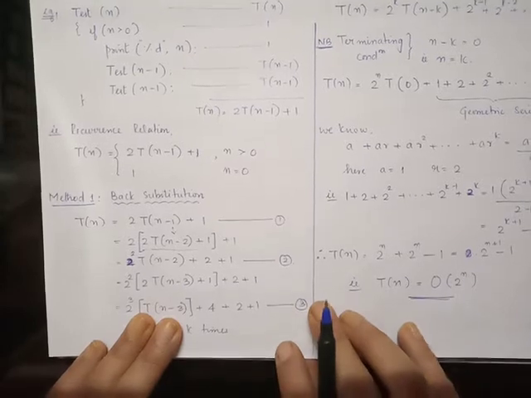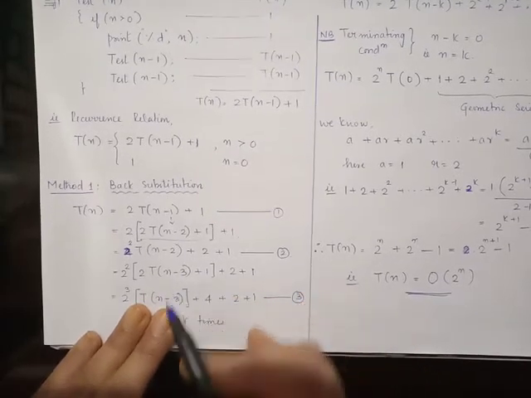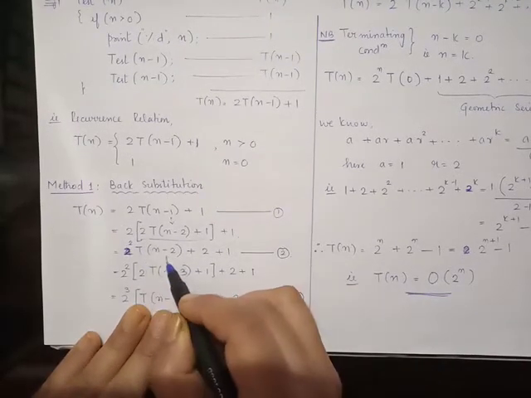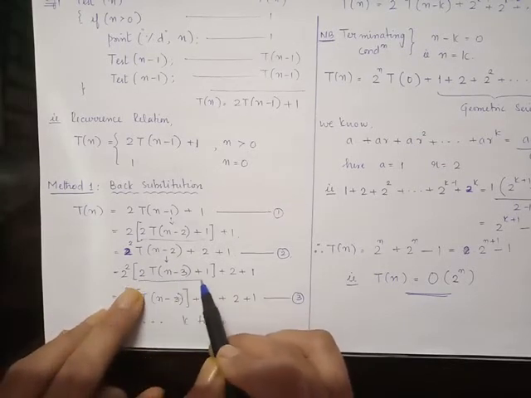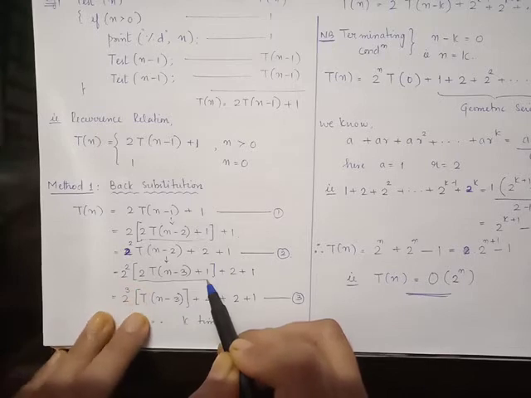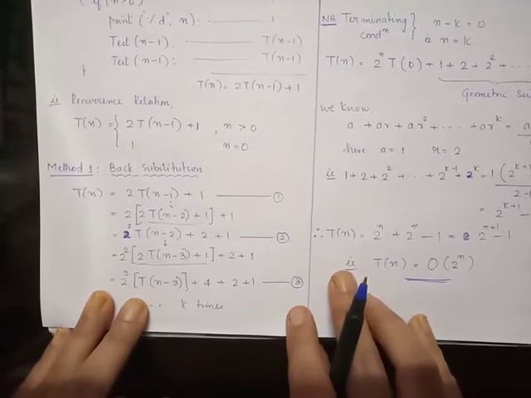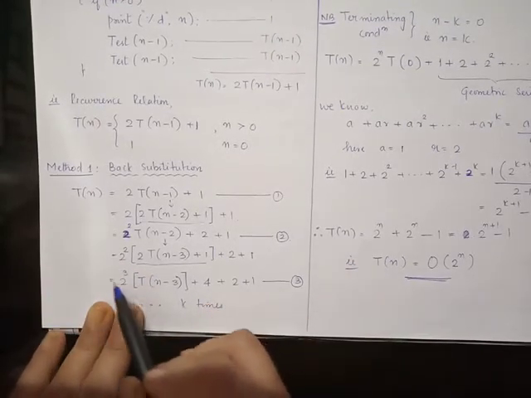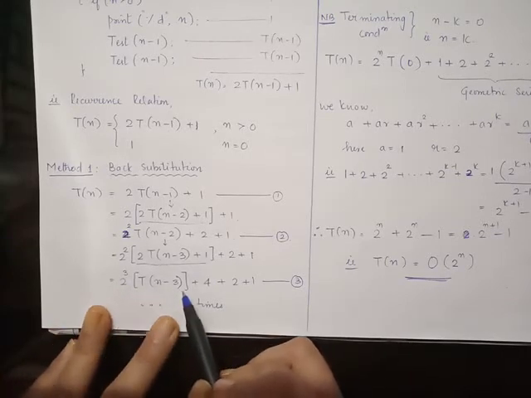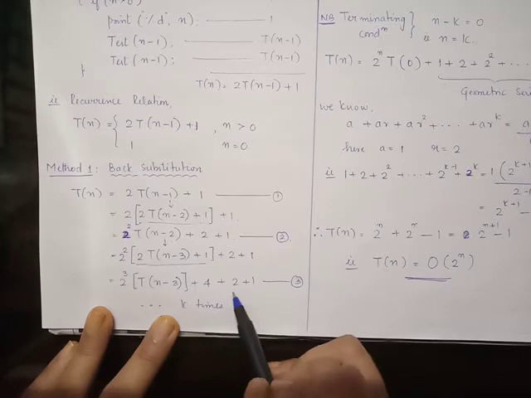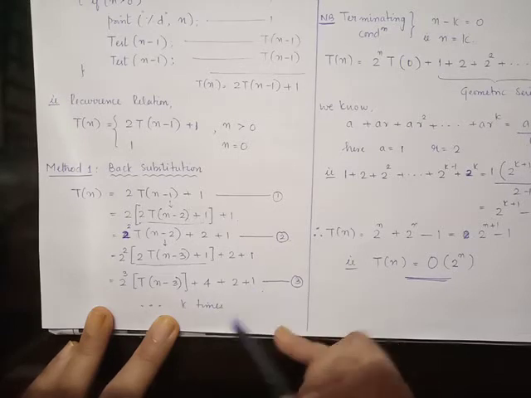Further, our objective is to solve this equation. So we'll replace this t of n minus 2 with 2 times t of n minus 3 plus 1. Hence this equation can be written as 2 raised to 3 times t of n minus 3 plus 4 plus 2 plus 1, and so on and so forth.